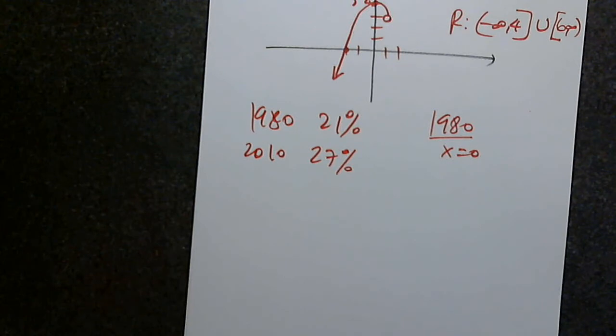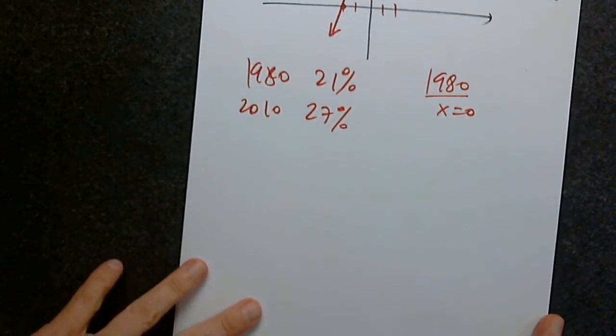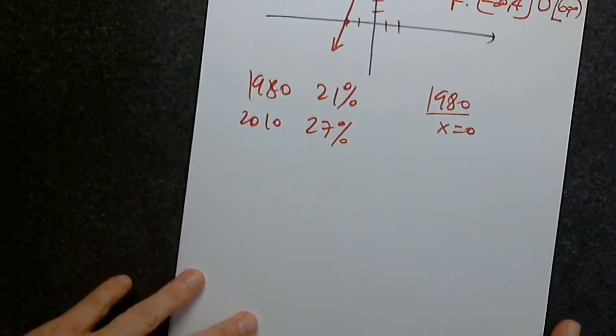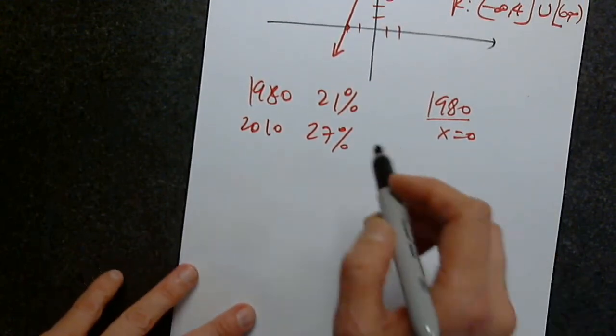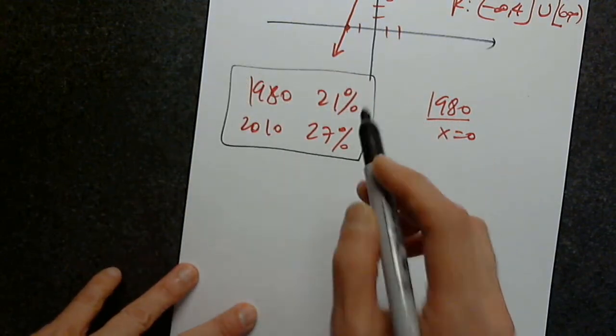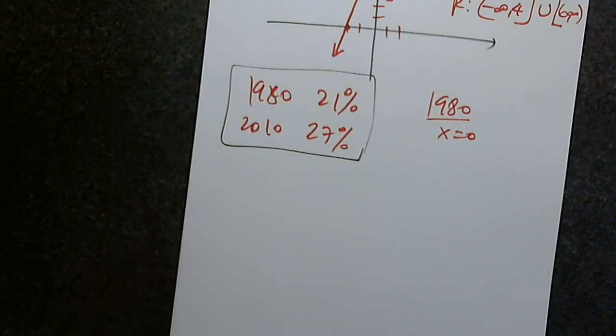Okay. What am I given here? So what is this information? What does it represent? The percentage of students who are liberal in 1980.